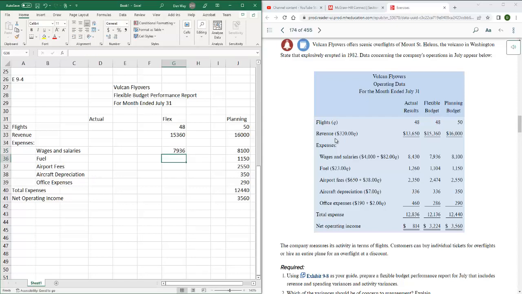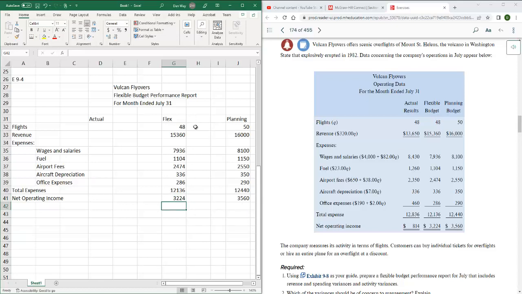The rest I'll just fill in here. So fuel was purely variable. So $23 times the 48 flights, or $11.04. Airport fees looks mixed. Depreciation, we've got variable piece there. Office expenses mixed, so total expenses $12,136 for net income of $32.24.